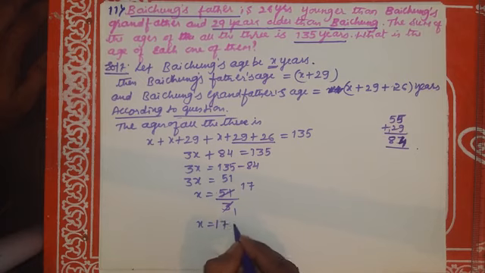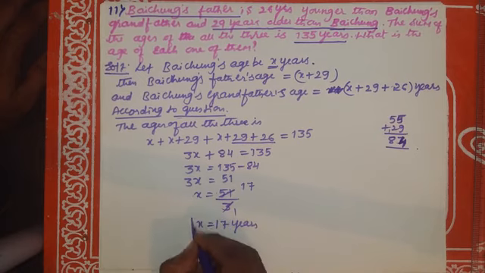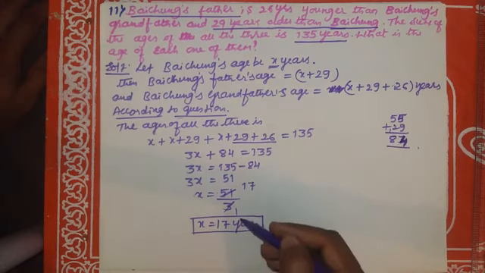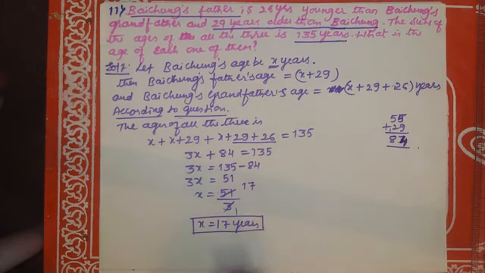Therefore x is equal to 17 years, that is Baichung's age.